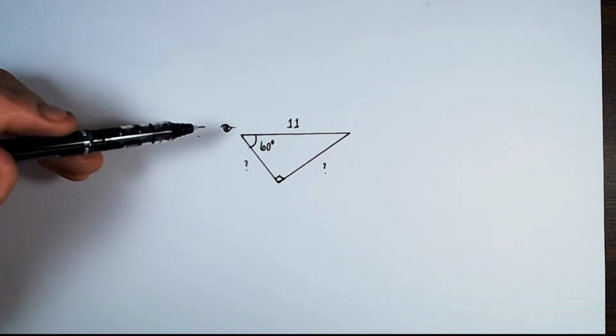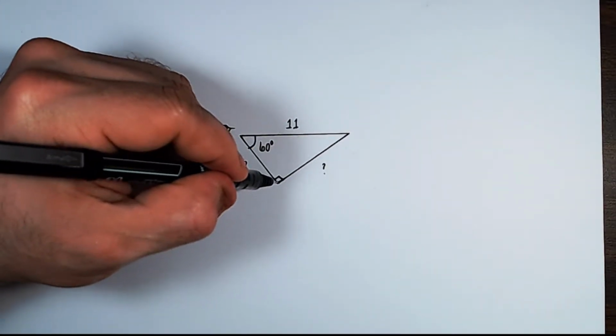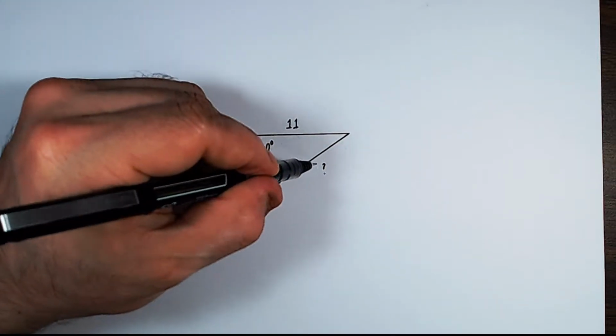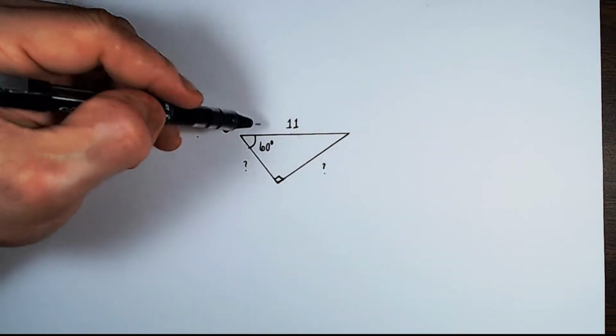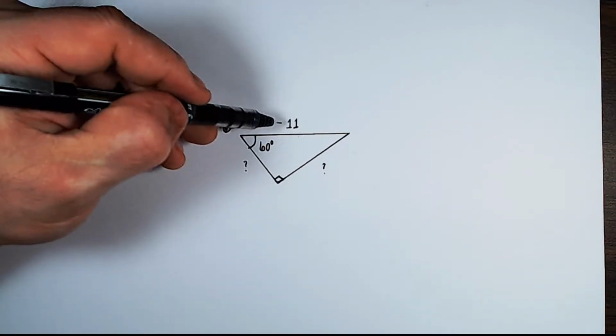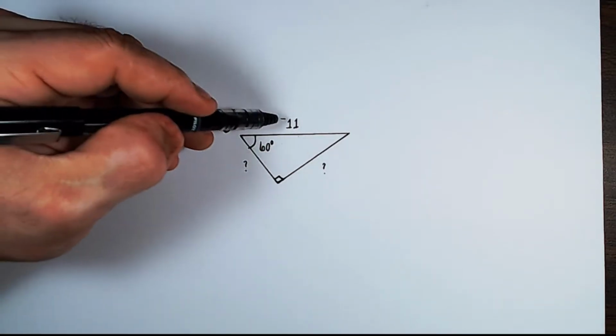So let's see here. I have a right angle over here. So this is the opposite side. Now we have two possibilities for our adjacent side. What is our adjacent side? This is our adjacent side. So is this.